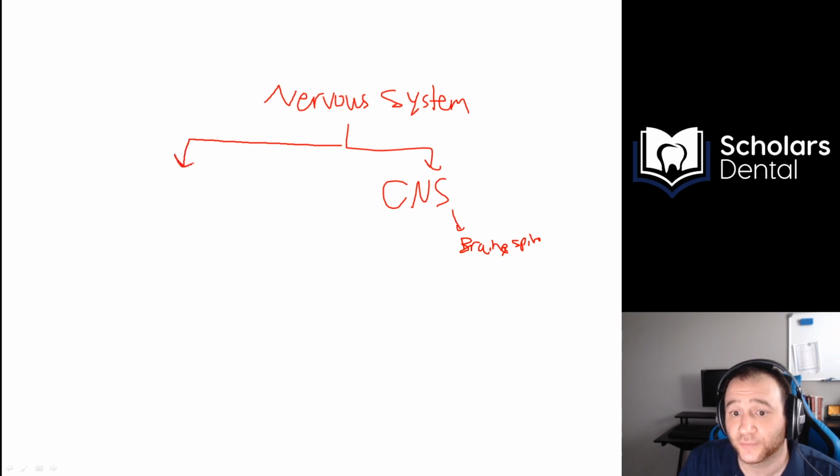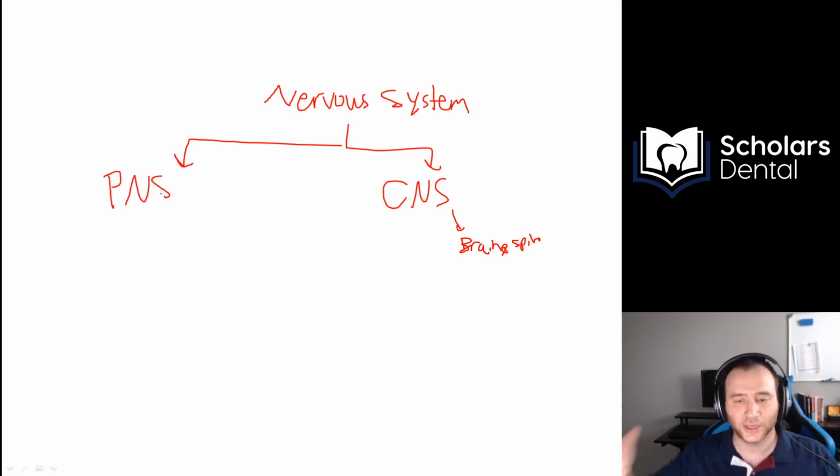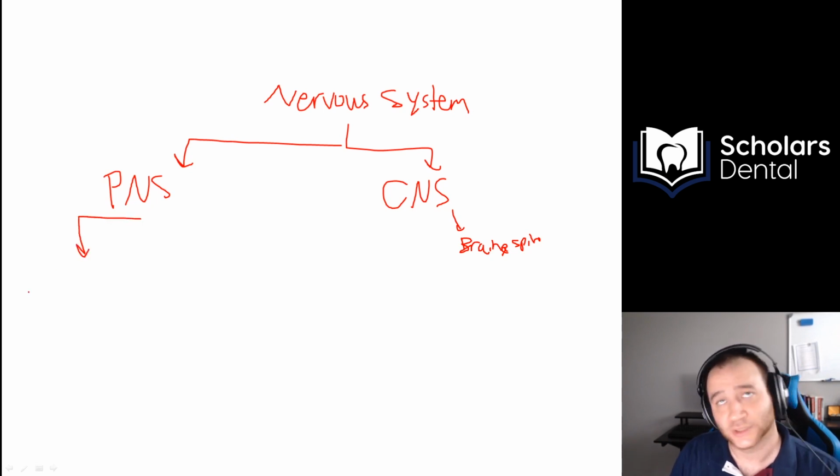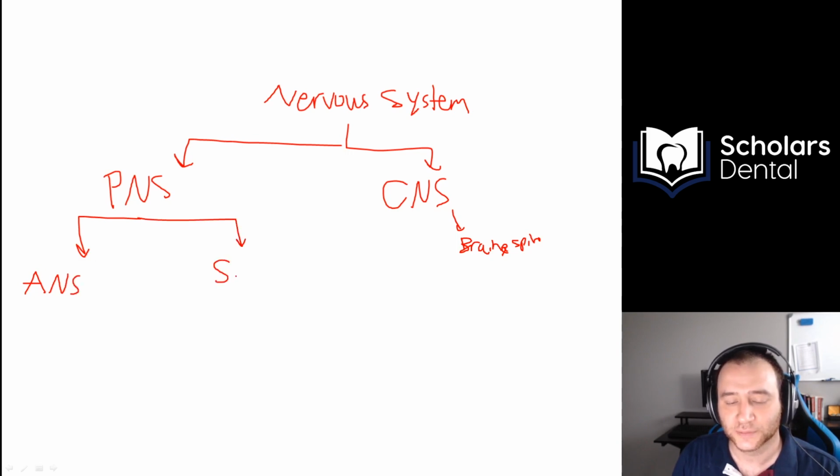And then you have the peripheral nervous system, which includes all the nerves that work outside the CNS. The peripheral nervous system could be autonomic, the ANS, the autonomic nervous system, which is automatic, or somatic, which means the one you control.